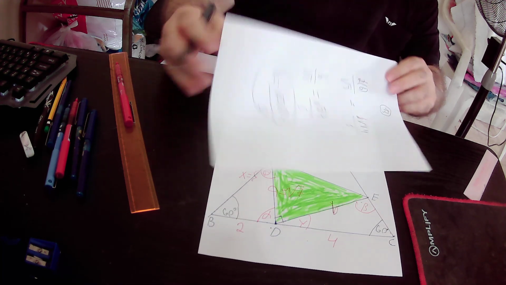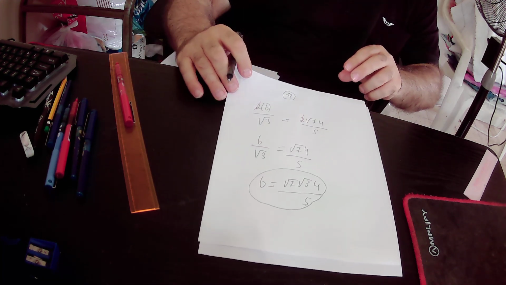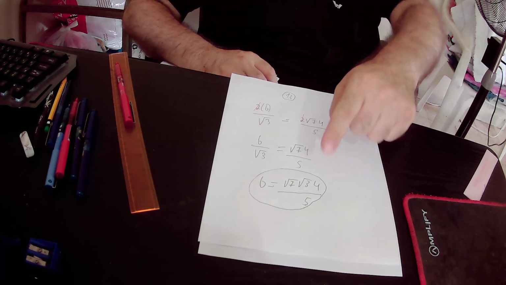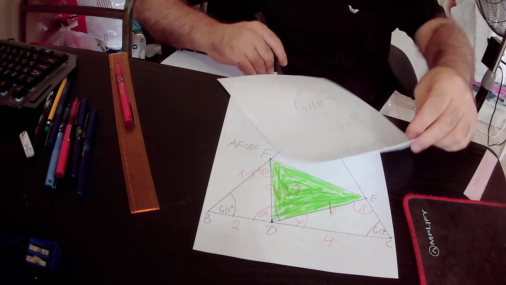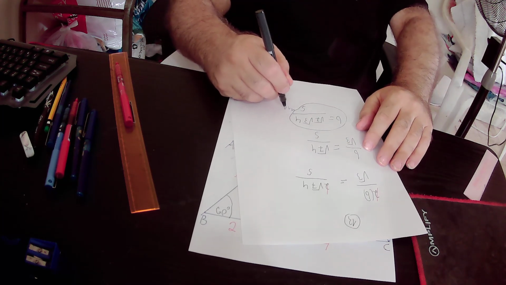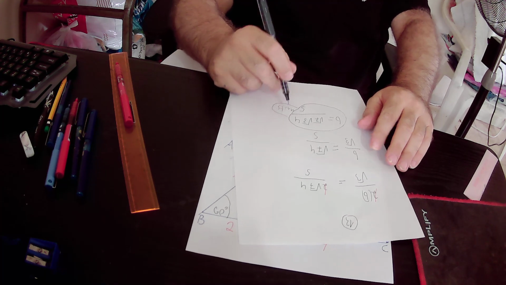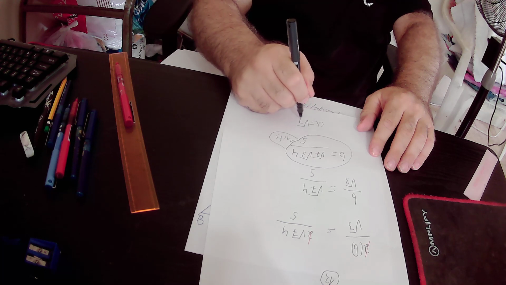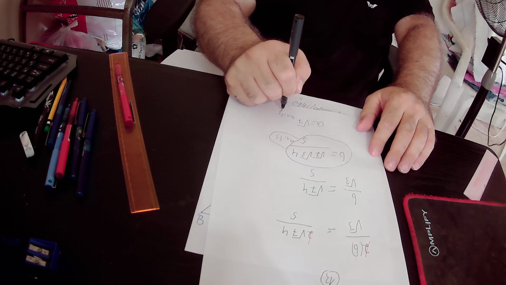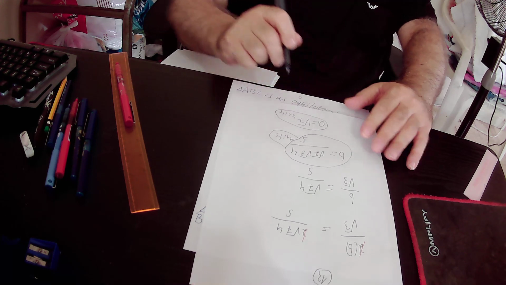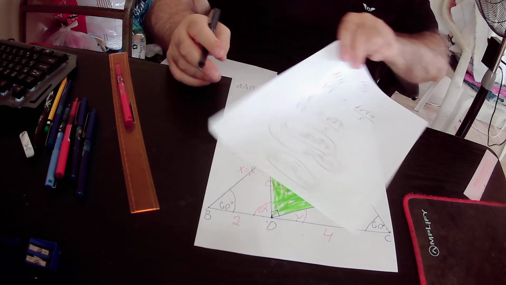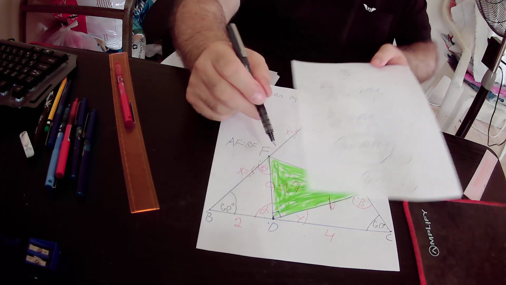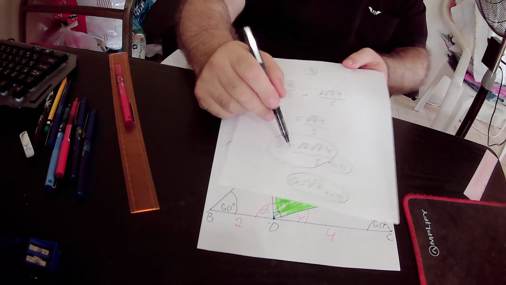So we actually found the value of b. b equals root 7 times root 3 times 4 over 5 units. And we have already found the value of a. a equals root 7 units. So we actually have the values of a and b.